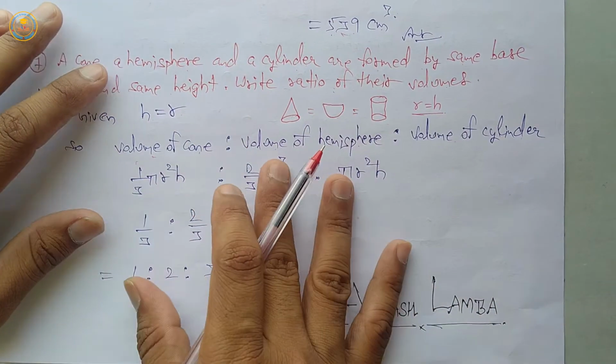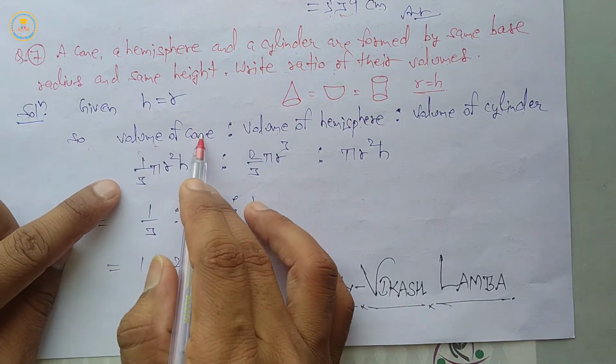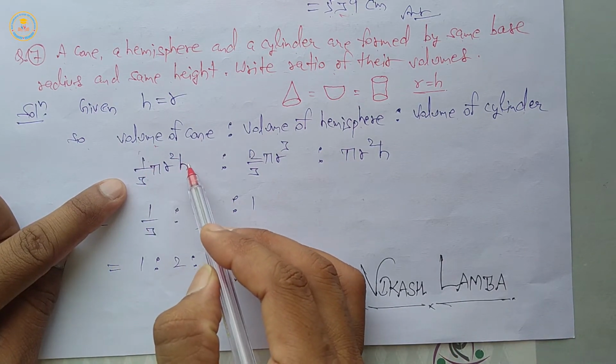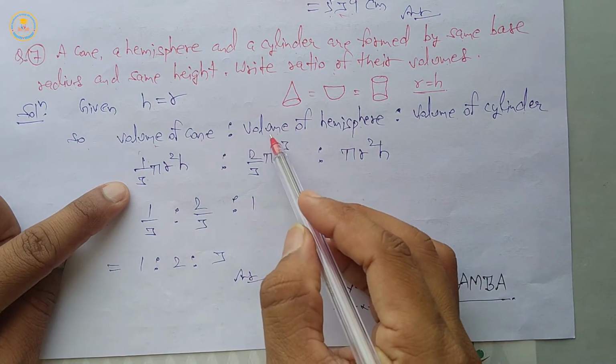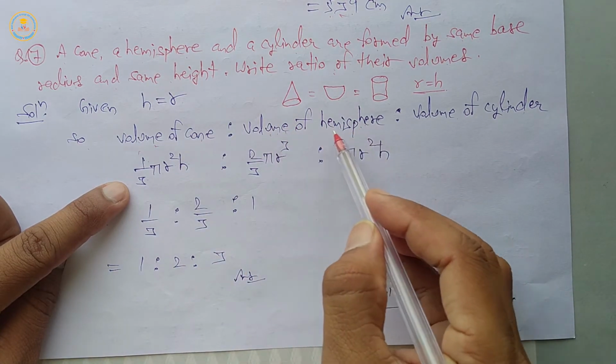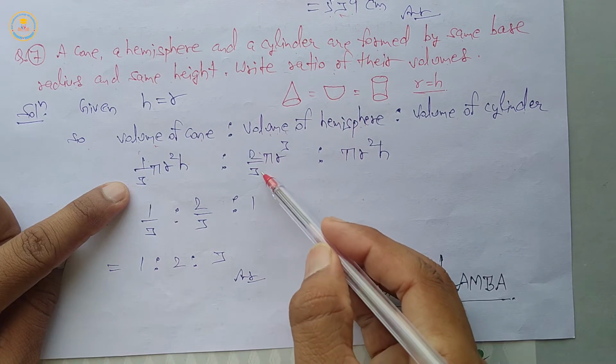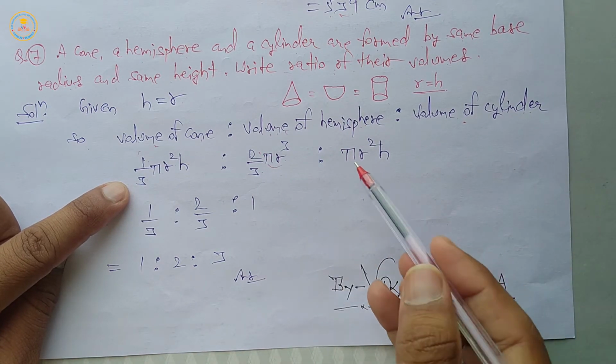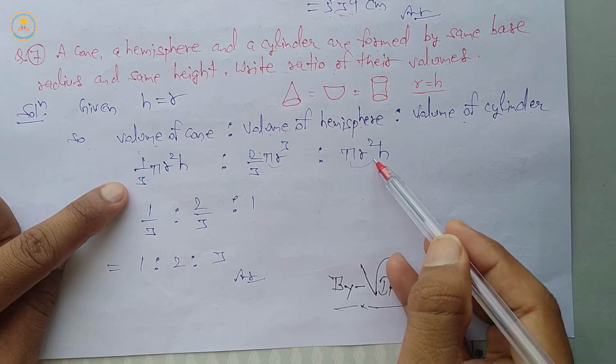Volume of cone, according to identity, volume of cone is 1 upon 3 pi r square h. Volume of hemisphere according to identity, 2 upon 3 pi r cube. Volume of cylinder according to identity, pi r square h.